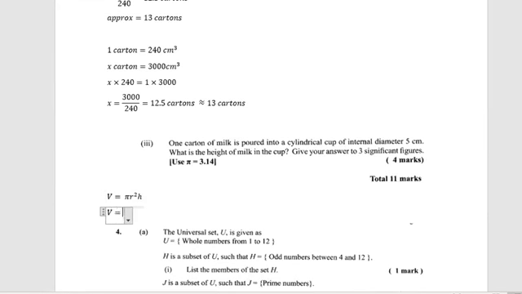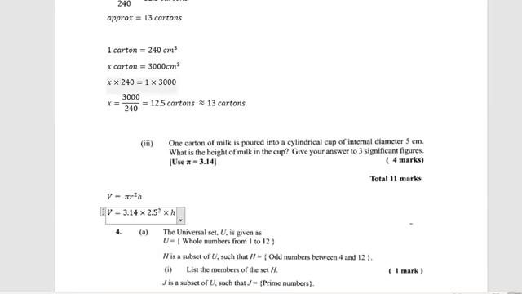So volume is equal to 3.14, which is pi. What is my radius? 2.5. The radius is half of the diameter. So it is 2.5 square multiplied by h, which is what we are trying to find.